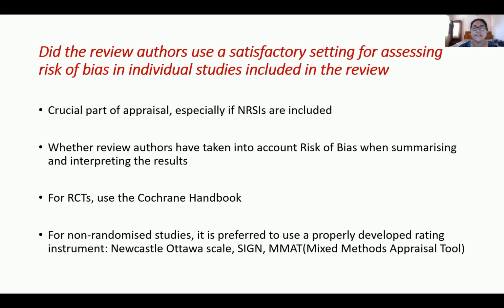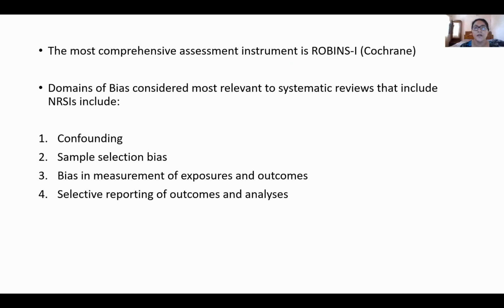For RCTs, the risk of bias is assessed using the Cochrane handbook. For non-randomized studies, there are several instruments which can be used for assessing the risk of bias, such as the Newcastle-Ottawa scale, the Mixed Methods Appraisal Tool, etc. The most comprehensive assessment instrument is ROBINS, the risk of bias tool developed by the Cochrane network.